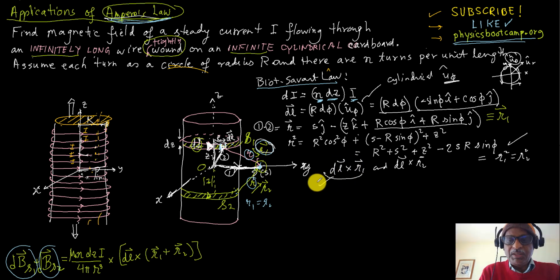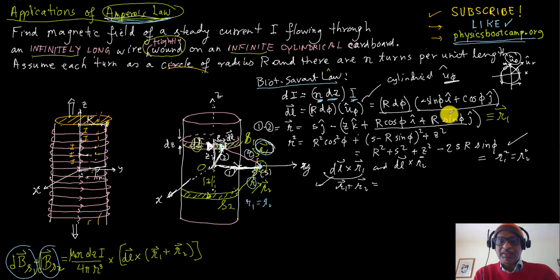So if you just do this, then you're going to have the z's around here. But when you add these two, because they're going to end up adding like that, we need r1 plus r2. When you do r1 plus r2, you can see z is positive in the r1, but z is negative in the r2. So when I add them up, this z is going to go away.